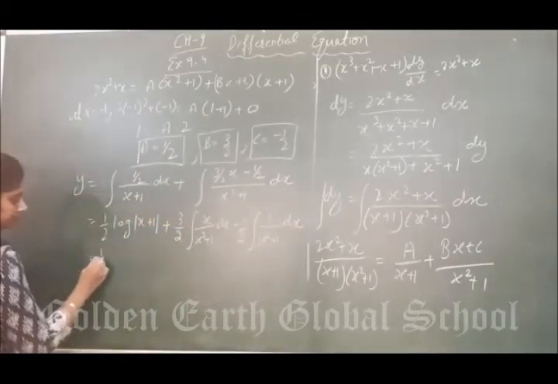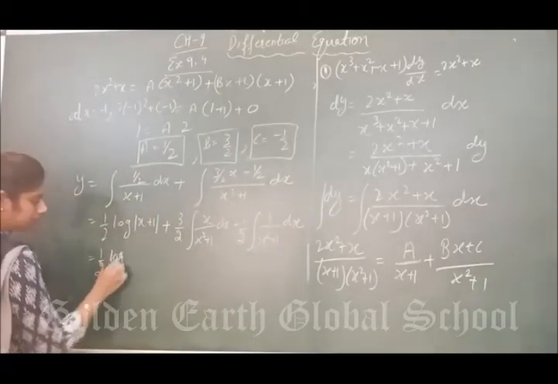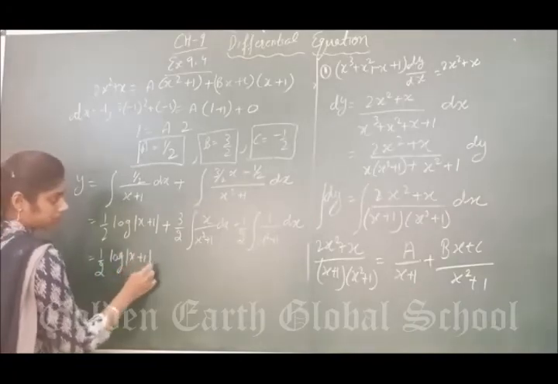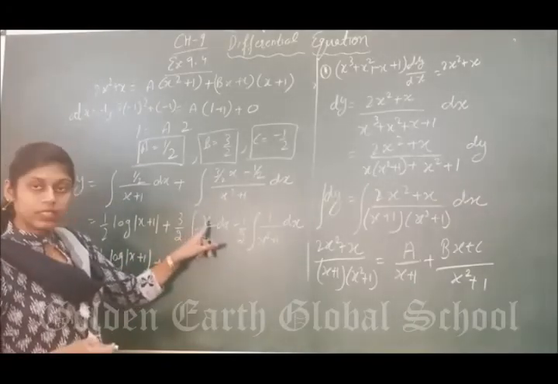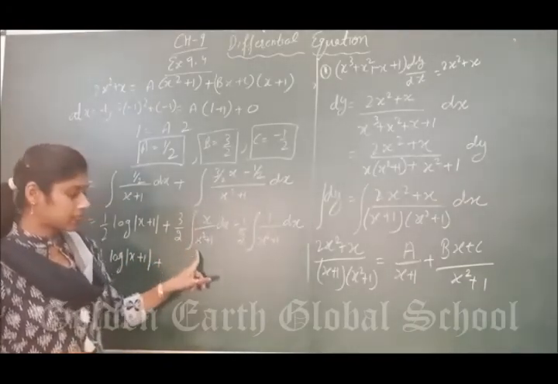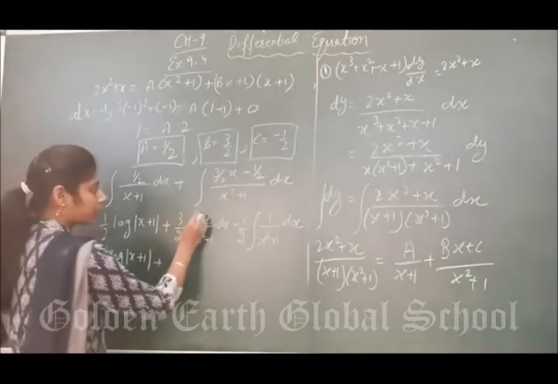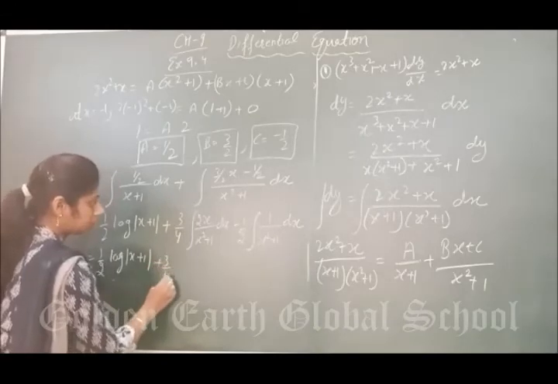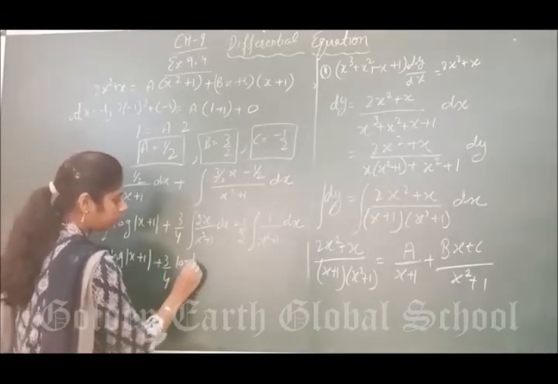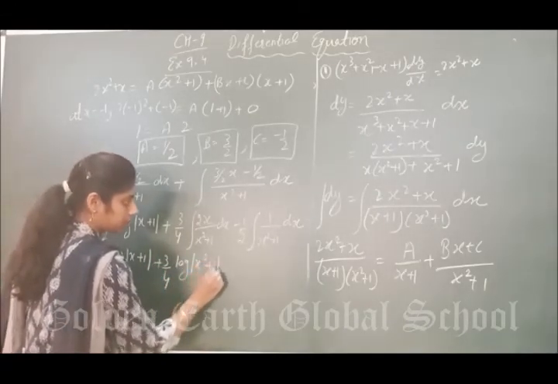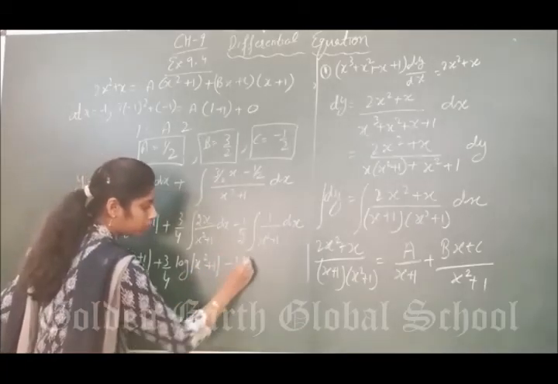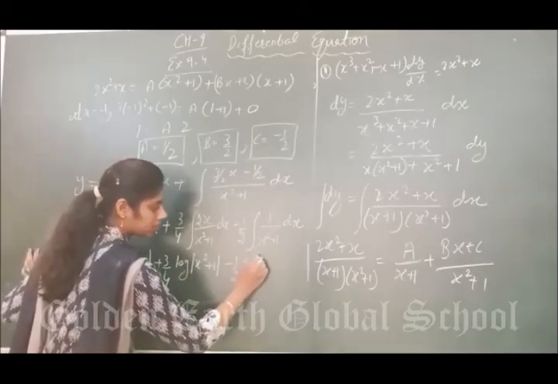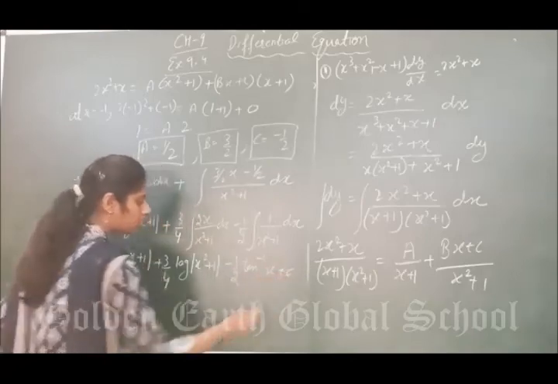So the derivative of this is here. The derivative of x² + 1 is 2x, so we will multiply and divide it by 2. So its integration will be log of x² + 1. There is a formula for tan inverse x, and there is a constant.